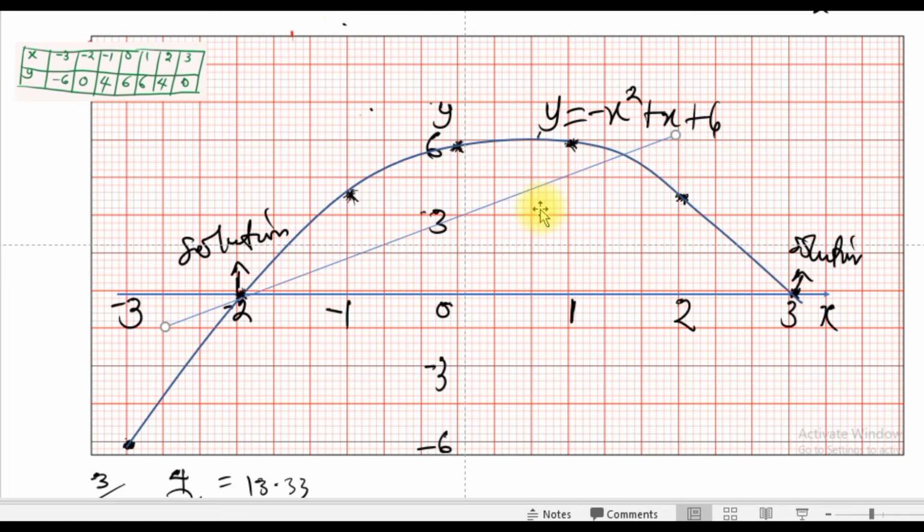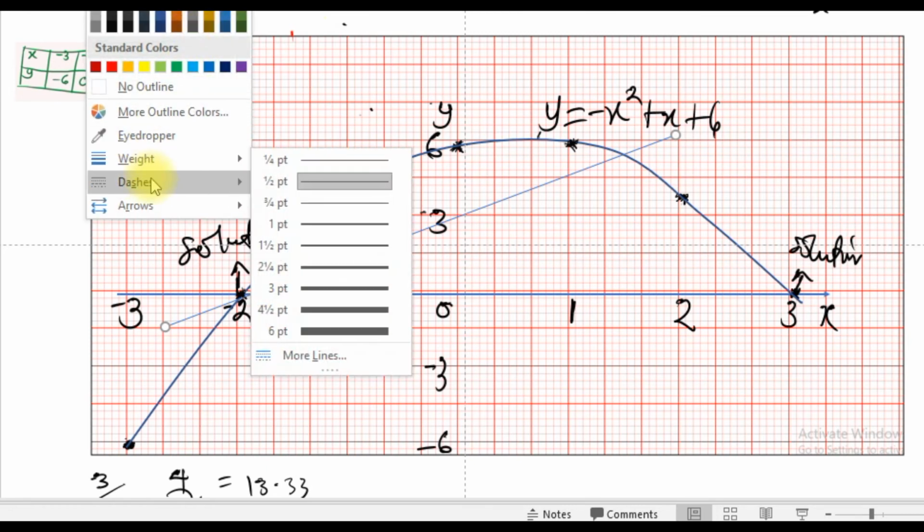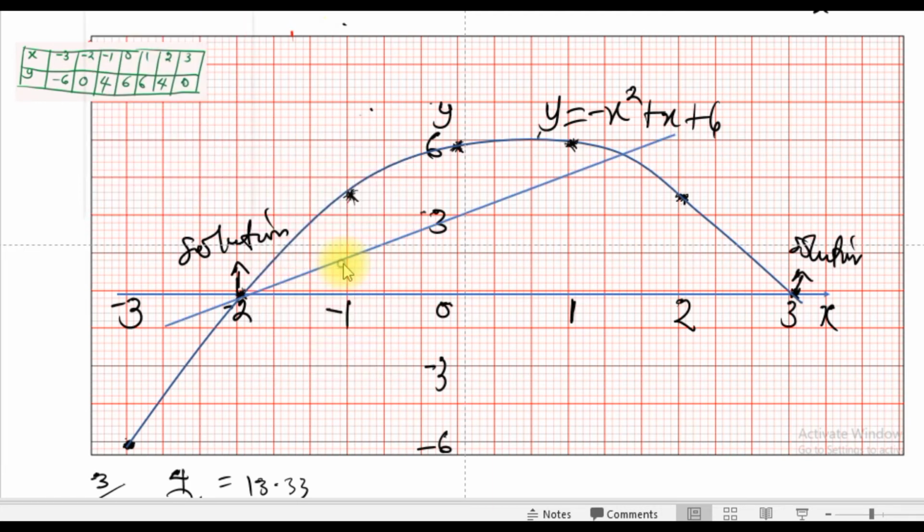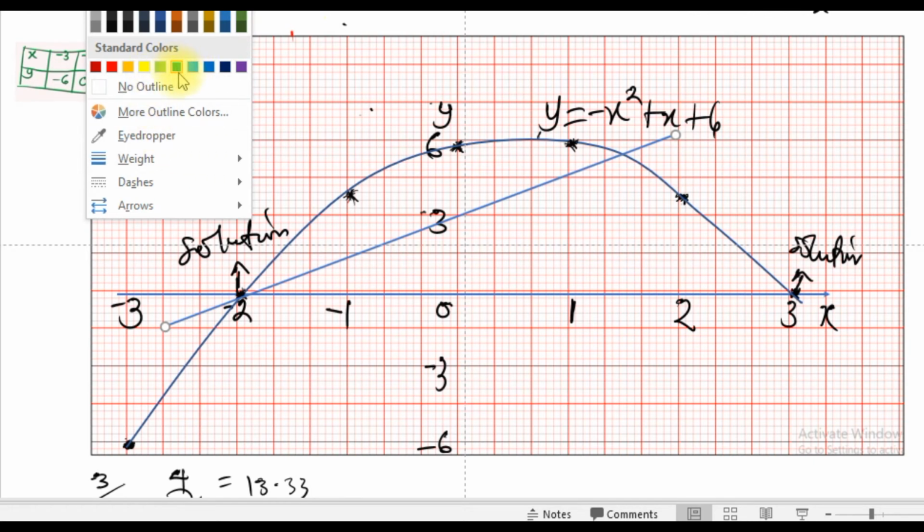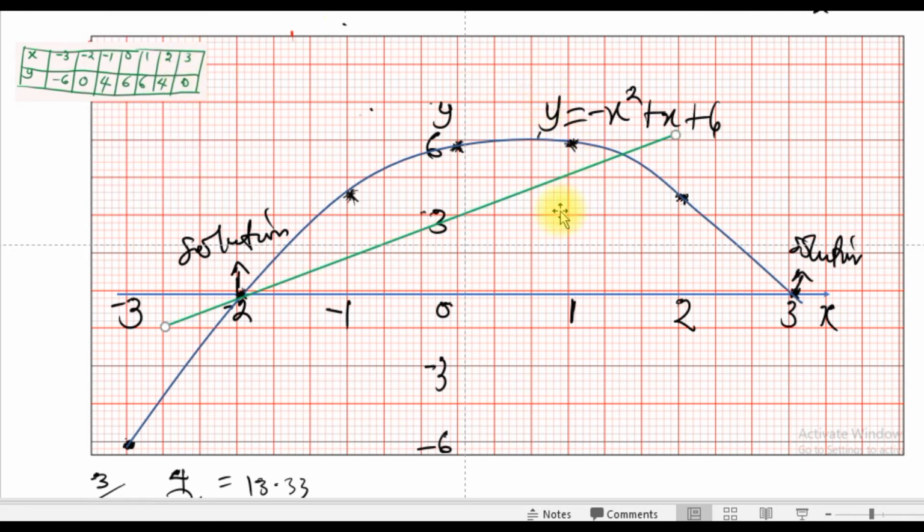So wherever it cuts the curve is the answer. So this is my line. So at the solution, is the point of intersection, which is minus 2, and let's trace out this.